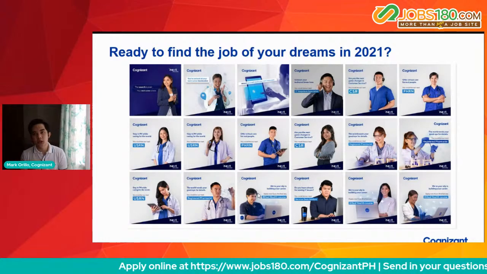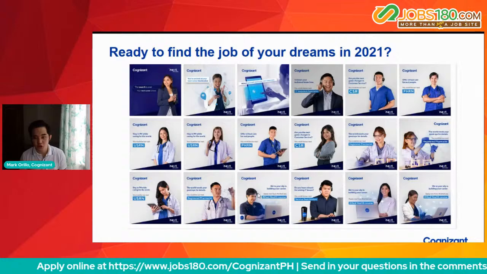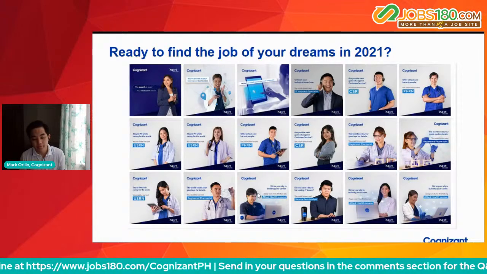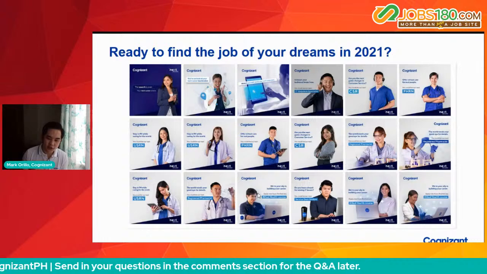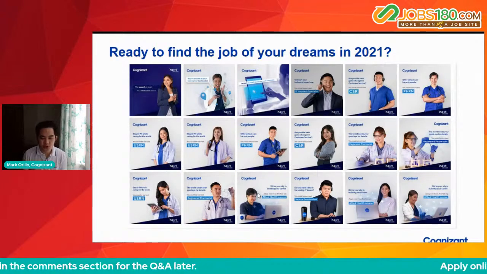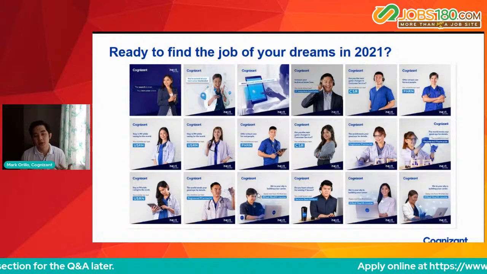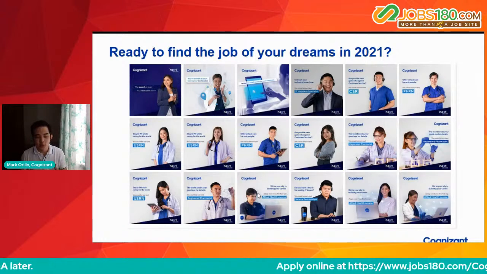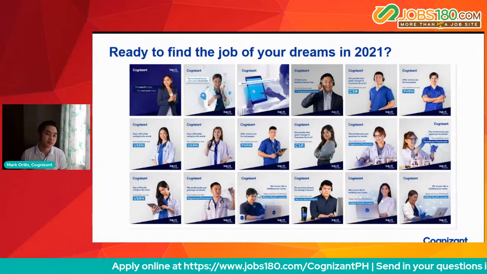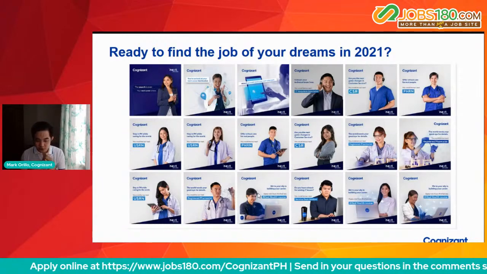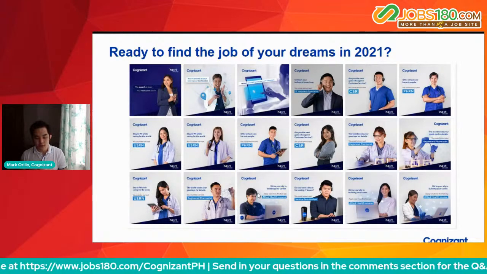Let's talk about the preparation from a logistical standpoint. If you are in job hunt mode, there are definitely some things that you need to have ready to go at a moment's notice. First of all, your interview outfit.